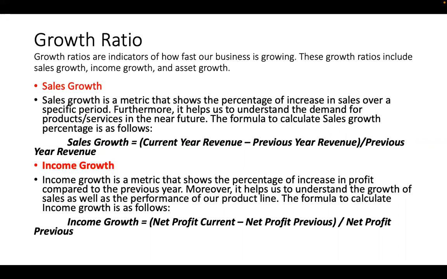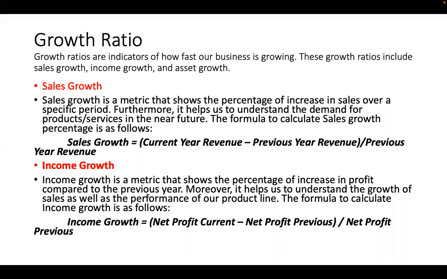These ratios are basically indicators to show how fast our business is growing. So growth ratios include sales growth, income growth, and assets growth. The growth of a business cannot be determined in isolation. It needs certain parameters to understand the growth potential of a business.